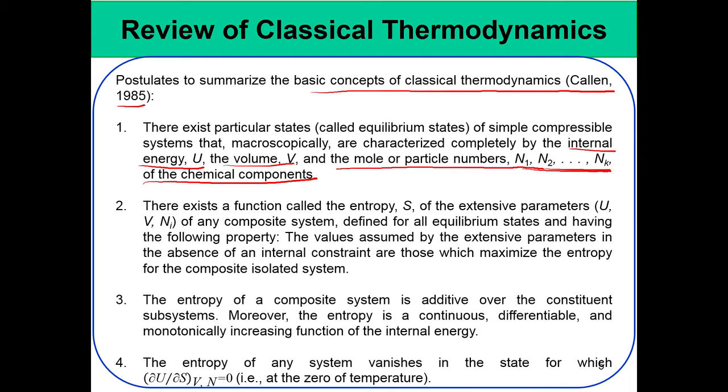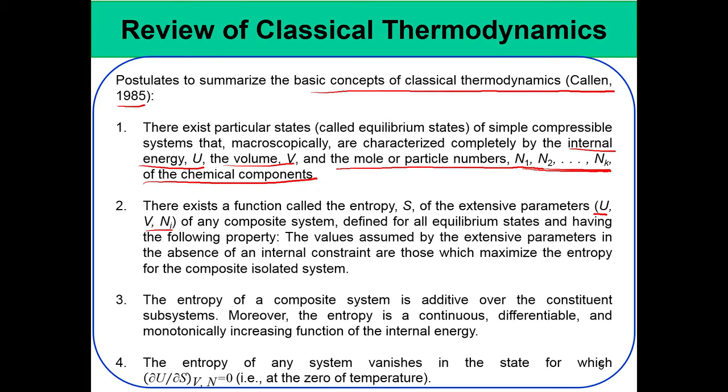Then the second postulate states that there exists a function called entropy S, which is a function of these extensive parameters U, V and N. Now, you remember what extensive parameters are? Extensive parameters are those that depend on the size of the system, right. If you double the size of the system, the magnitude of the parameters also gets doubled, or if you triple the size of the system, the magnitude of the parameters also gets tripled.